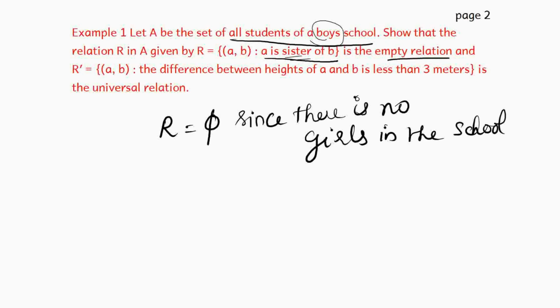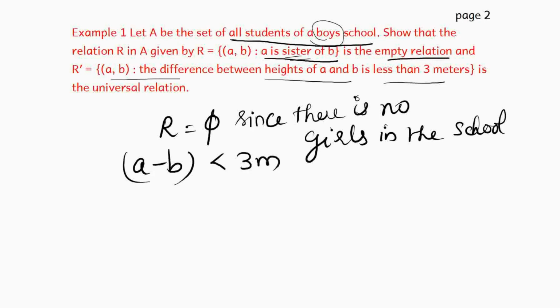The next relation they have given is (a, b) such that the difference between the height of a and b is less than 3 meters. Normally, the height of the student from 1st standard to 12th standard will vary from 2.1 to 4.5 or 4.6, which is less than 3 meters difference.